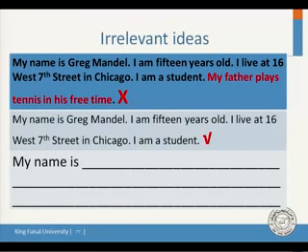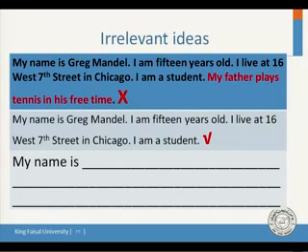Now, this is an exercise about irrelevant ideas, and we did one like this in lecture number 1. Look at the first paragraph. My name is Greg Mandel. I am 15 years old. I live at 16 West 7th Street in Chicago. I am a student. My father plays tennis in his free time. We have 5 sentences, but the last sentence is irrelevant.